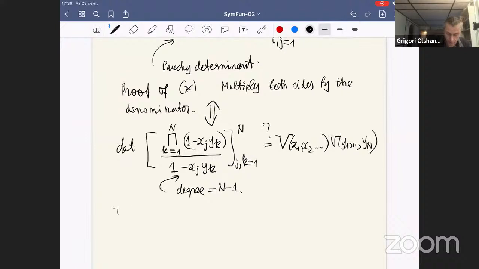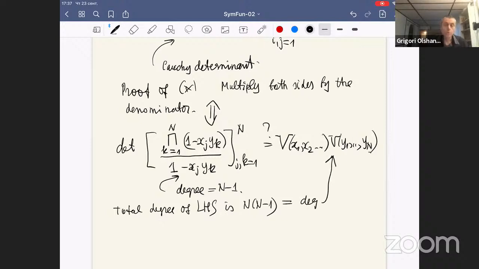So the total degree of the left-hand side is n times n minus 1. And this is exactly the degree of the polynomial on the right-hand side. So we have some identity to be proved for polynomials of the same degree.